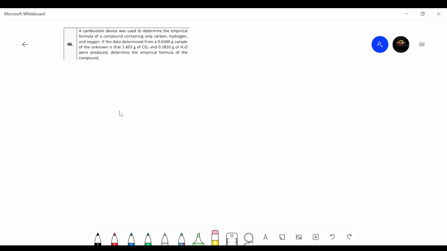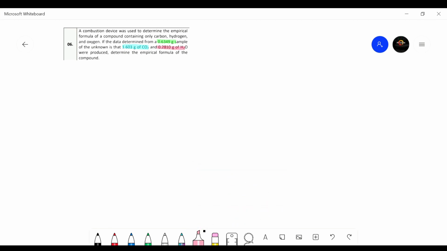Okay, so from the question, we have been given the mass of the sample, the mass of the carbon dioxide, and the mass of water.